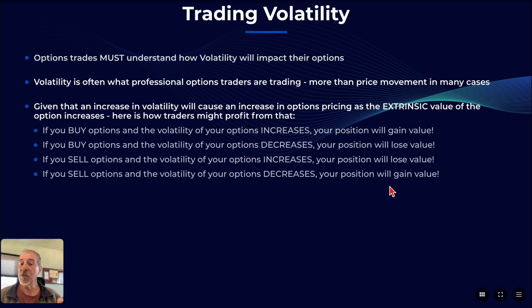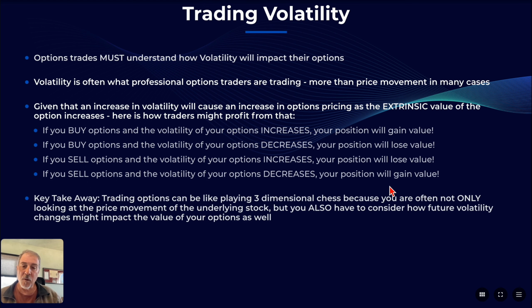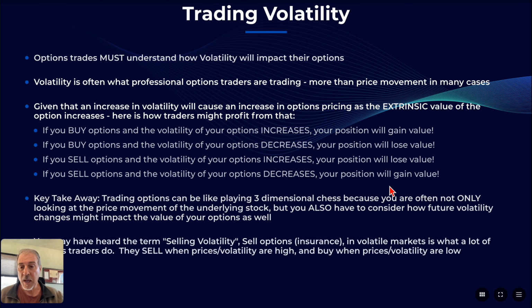But if you sell options when volatility is high, and then that volatility decreases or shrinks up, your position's going to gain in value. A takeaway here is that trading options is like playing three-dimensional chess in some cases, because you're often not only looking at the underlying price movement to make money in your position, but you also have to consider how future volatility changes might impact your options position as well.